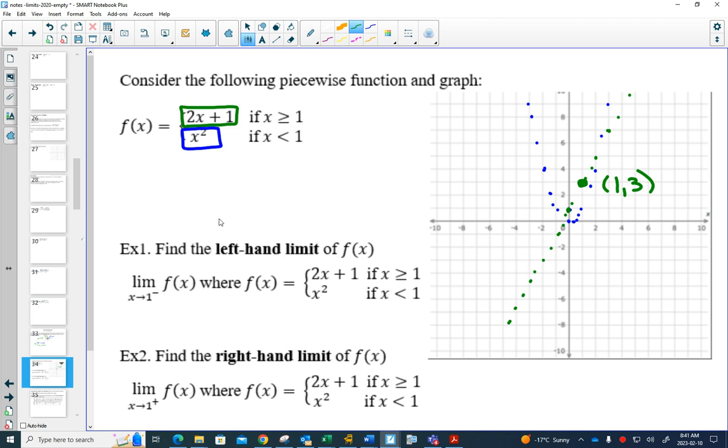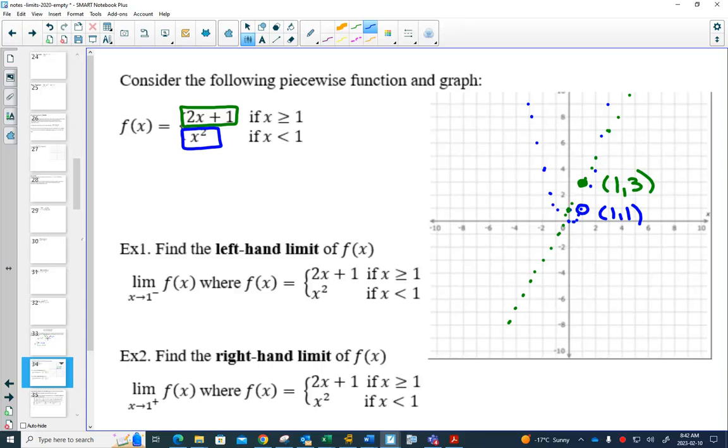And I'm going to fill that in with a thick circle because there's an equal sign with the 1 on the green graph. On the blue graph, I'm going to label (1, 1), but there I'm going to label it with an open circle because the 1 wasn't included with the blue graph.